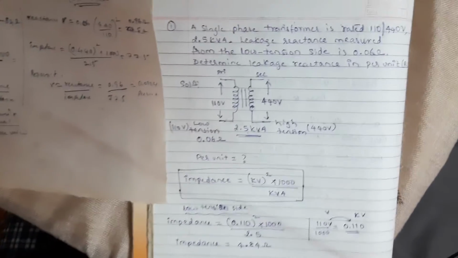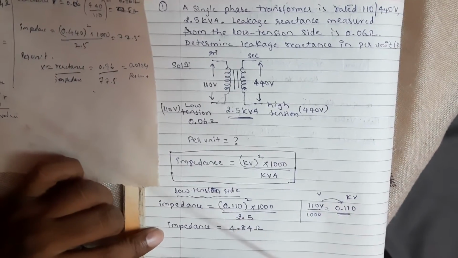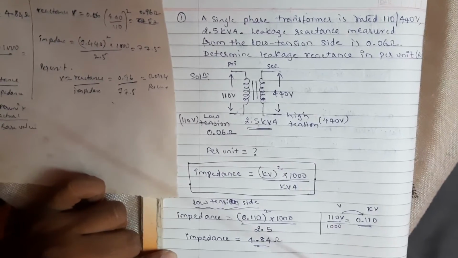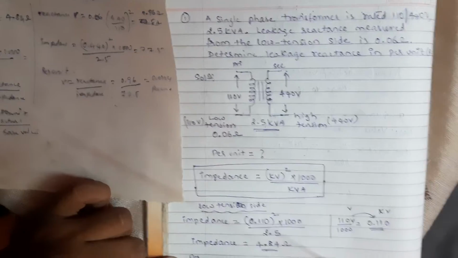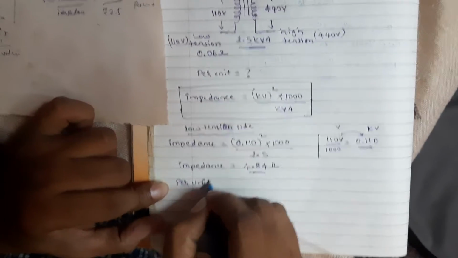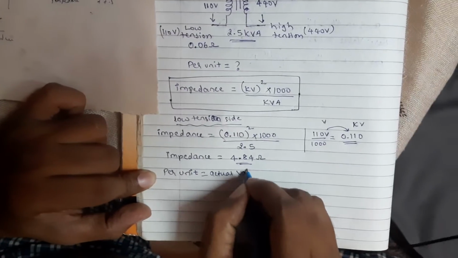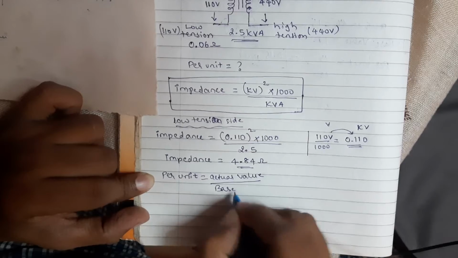Next we find the per unit reactance. Per unit is actual value upon base value.